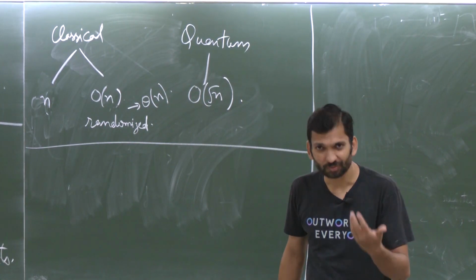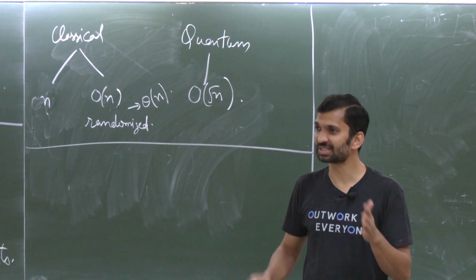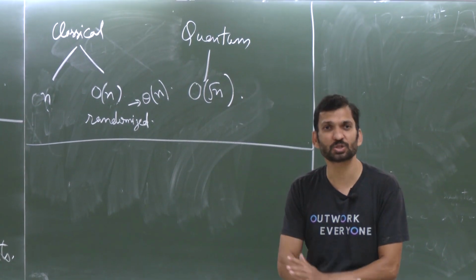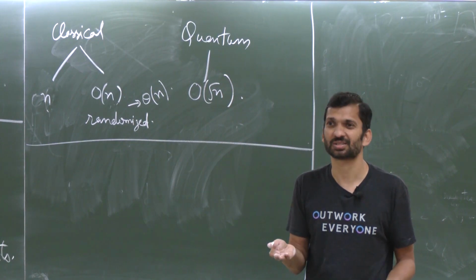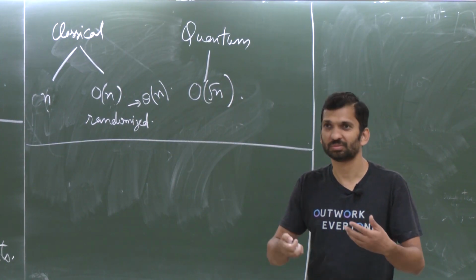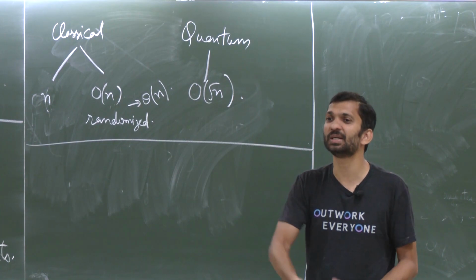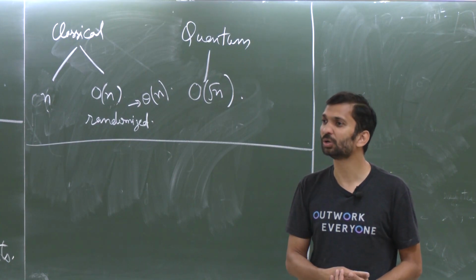What I am telling you is you can't do better. This naive algorithm is the best you can do because there is no structure in the list. The only thing you can do is pick a random element and check whether it is marked or not.